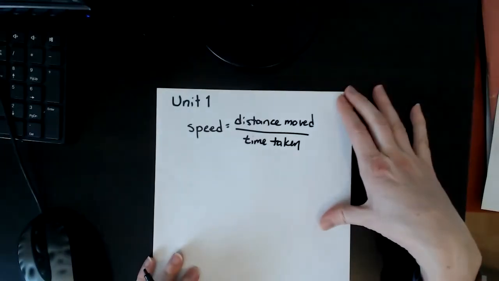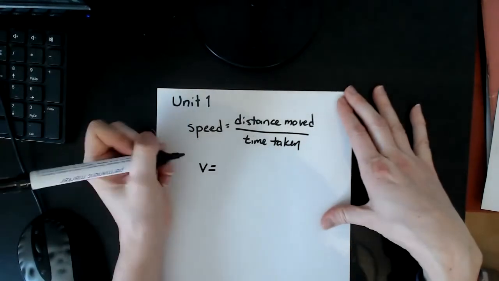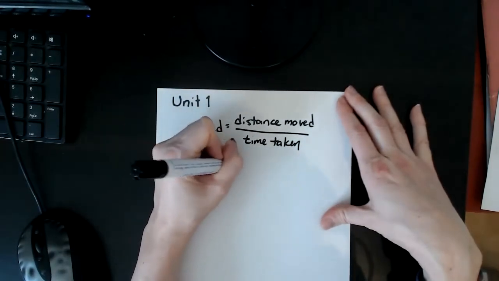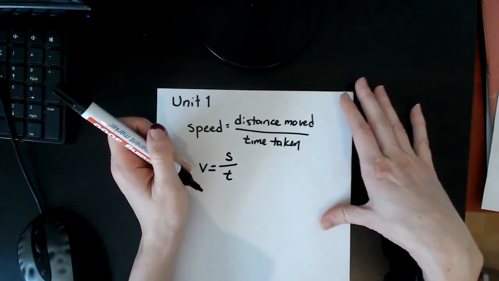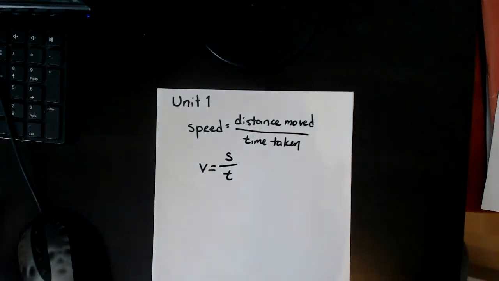Okay, and so if you want to have that in letters, in abbreviations, then remember that for speed, we use V for velocity, and the distance is actually S and T. Now the other thing you may want to remember is the units that those are in.